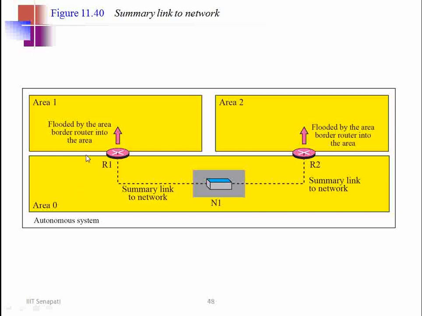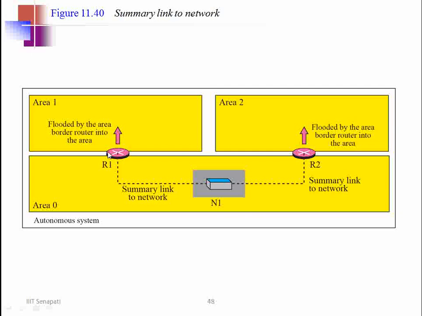Now R1 will flood area 1 with all the information about how to reach the network located in area 0. In the same way, router 2 will flood area 2 with information about how to reach some network in area 0, right?